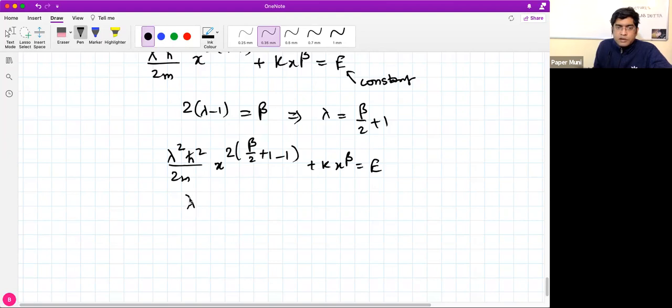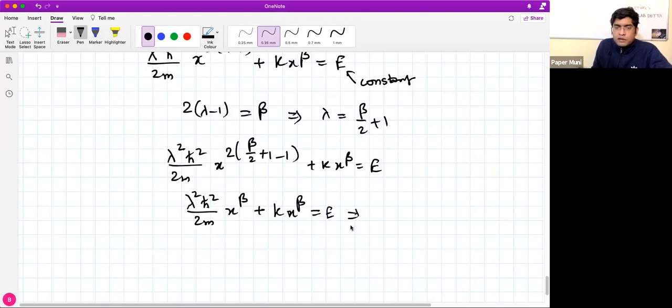That is what we will get because we have taken both the powers to be equal. It will be beta plus k x beta, so k x beta is equal to E.